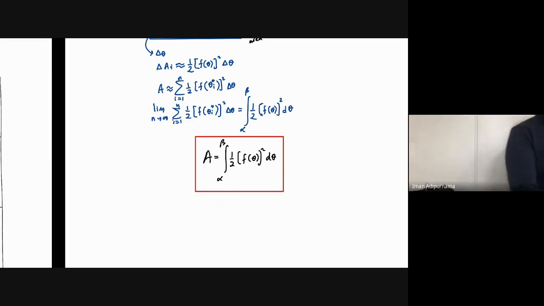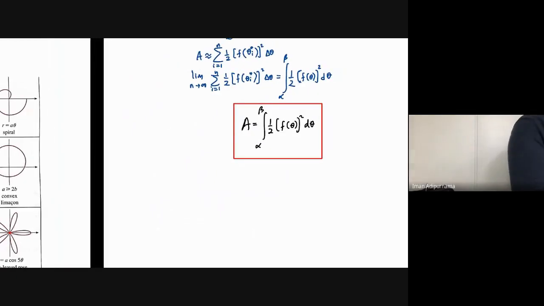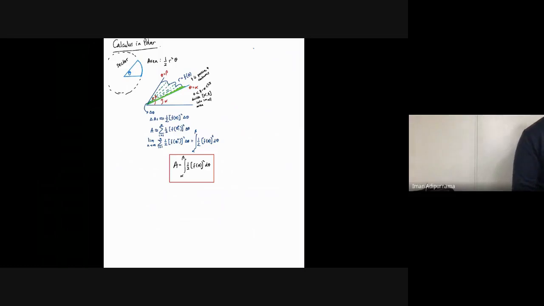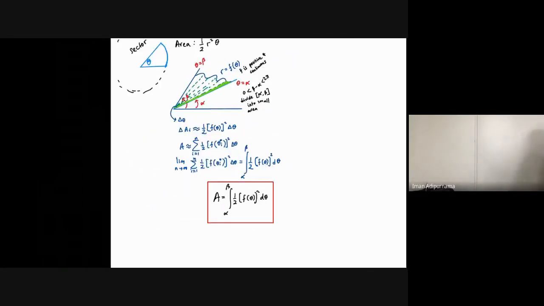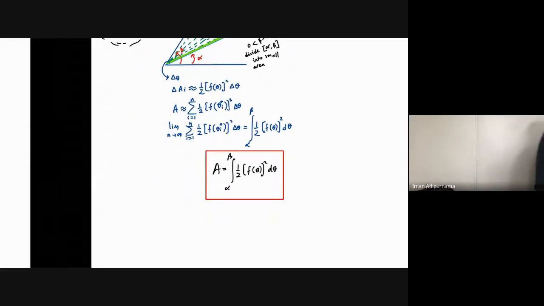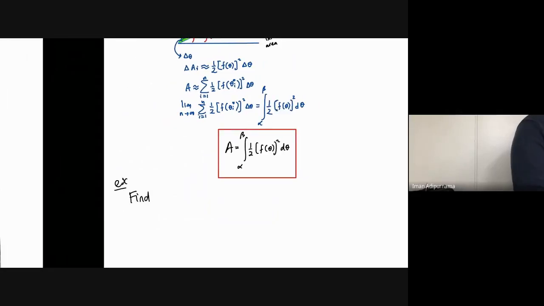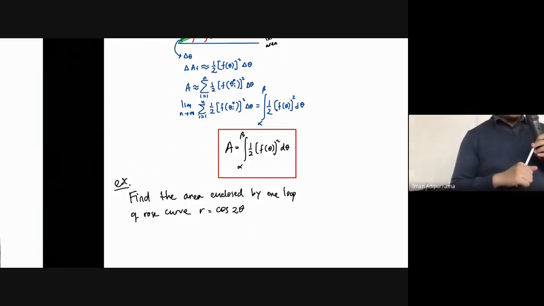Now let me give you an example, and then we can move on. The example is: find the area enclosed by one loop of the rose curve r equals cosine 2 theta.